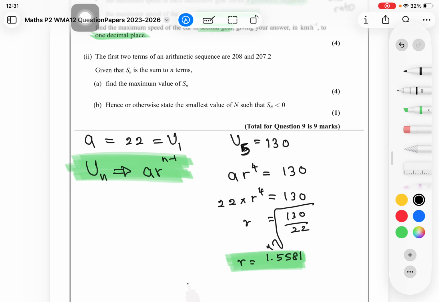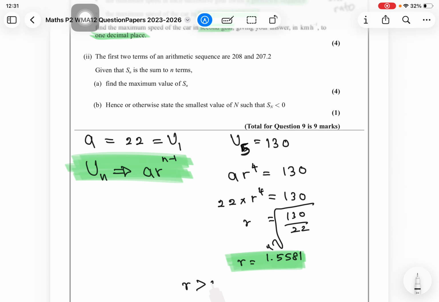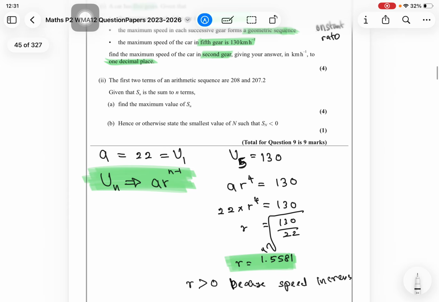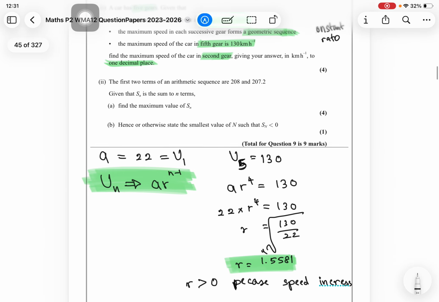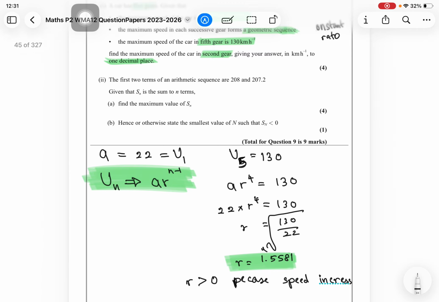It's always good practice to state that r is positive, because speed increases when the gear goes up, so you can't go down. That's why we are taking the positive value.